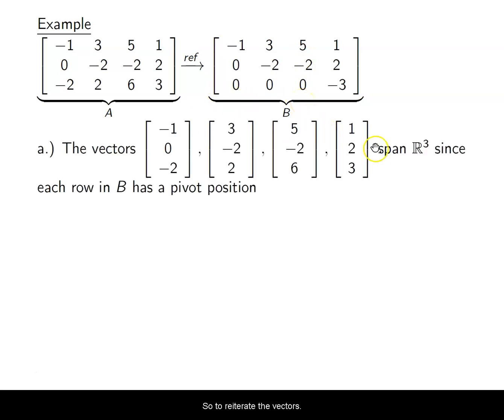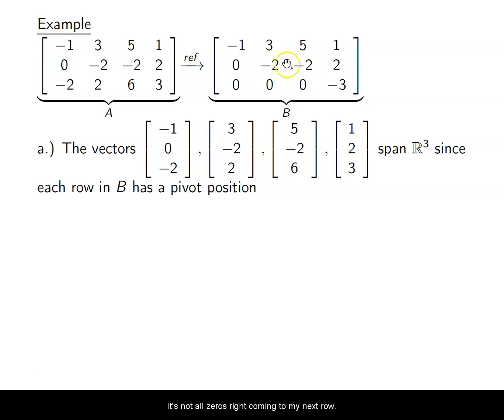So to reiterate, we're looking at the column vectors now. So U1, U2, U3, U4, they span R3, since each row in my B, my row echelon form, has a pivot position. Pivot position here. Come to the next row, it has a pivot position.